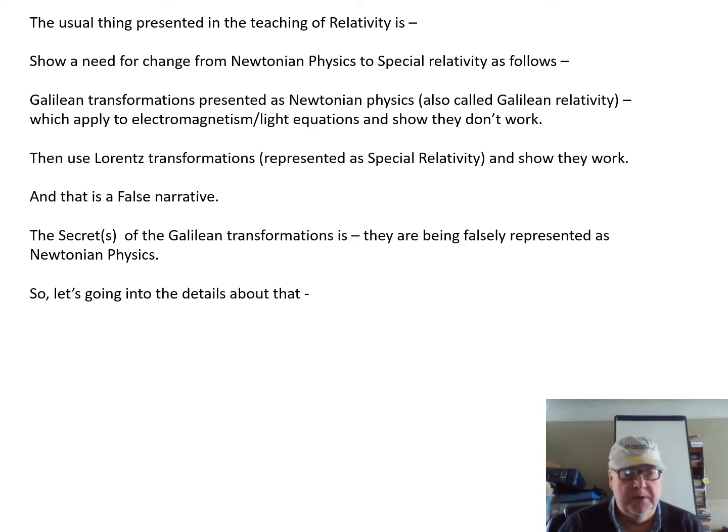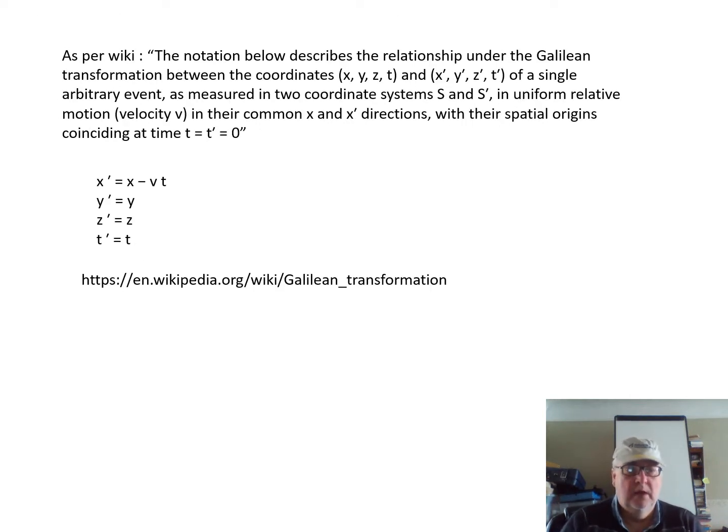So let's go into the details about that. This is what Wikipedia says, and it shows that notation where you have the primed coordinates x prime, y prime, z prime and t prime, and then you have the unprimed coordinates x, y, z and t, and it shows the relationship between those things, where t prime is equal to t, and that is usually taken to mean absolute time.